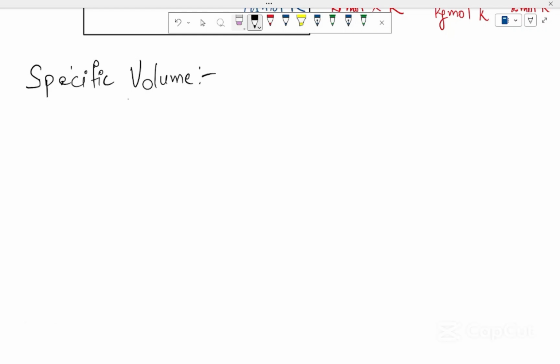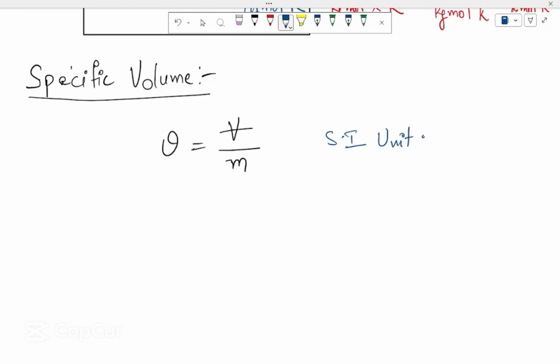The specific volume is represented generally with a small v, and it is the actual volume per unit mass. The volume per unit mass is nothing but your specific volume, whose SI unit is meter cube per kg.